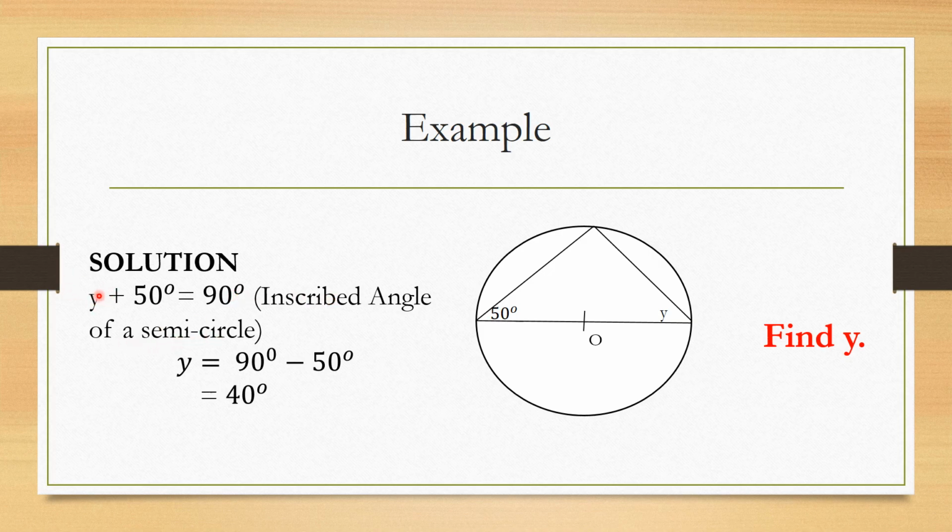So you make y the subject and carry this over to this side, or you subtract 50 from both sides. So we have y, and then this will now be 90 degrees minus 50 degrees, giving us 40 degrees. So this y is 40 degrees.